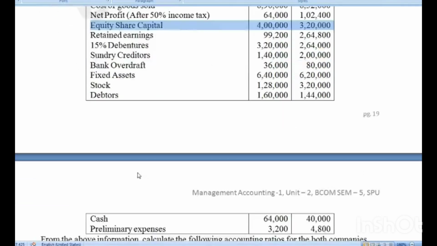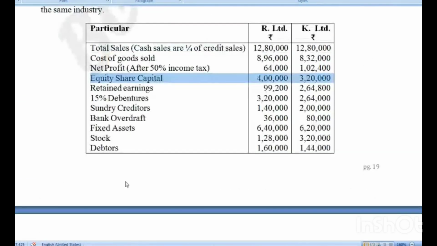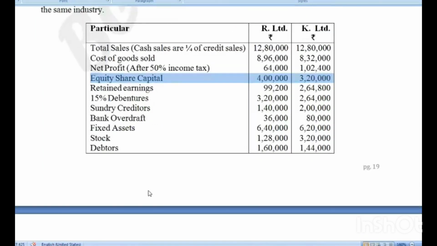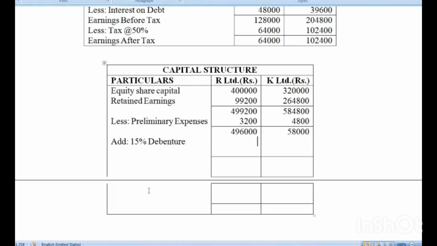Preference share capital is not available, so your equity shareholders fund is your shareholders fund. Then we are having only 15% debenture, so add 15% debenture. The amount of 15% debenture is 3,20,000 and 2,64,000.